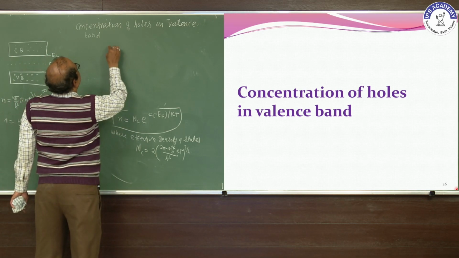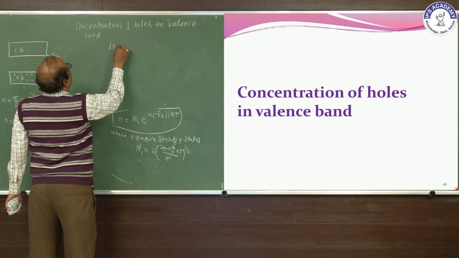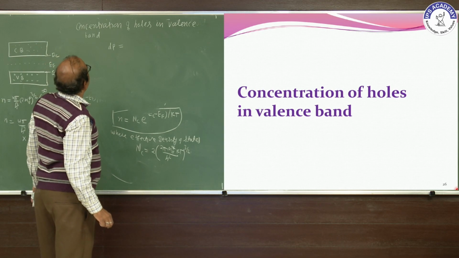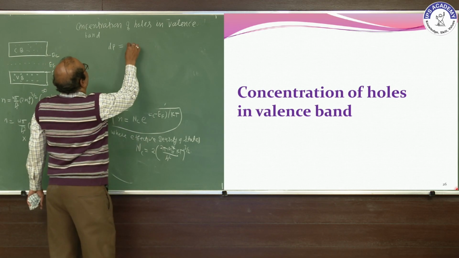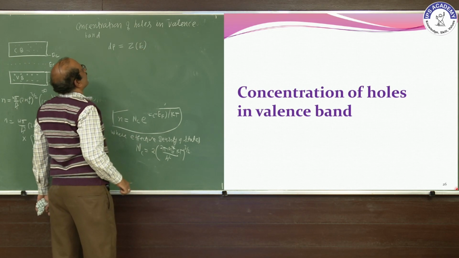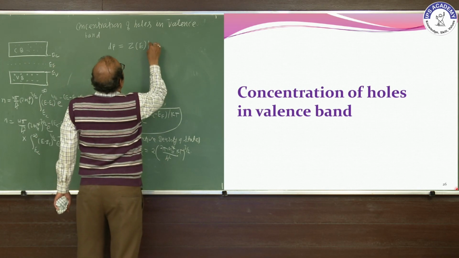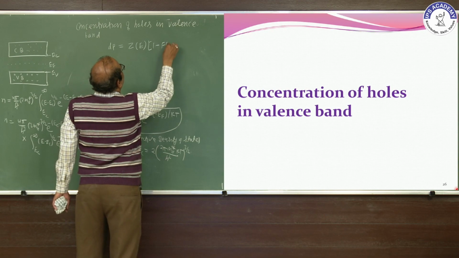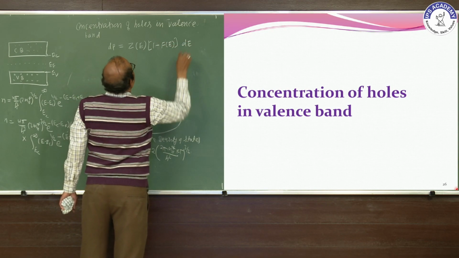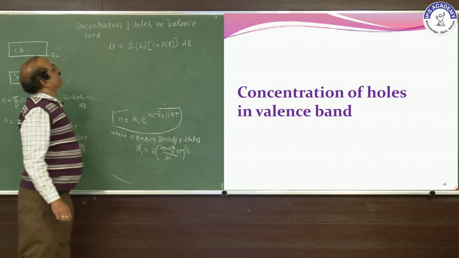That is, dp is the concentration of holes between the energy interval E and E plus dE, and it is the density of states in the valence band multiplied by 1 minus Fe into dE.